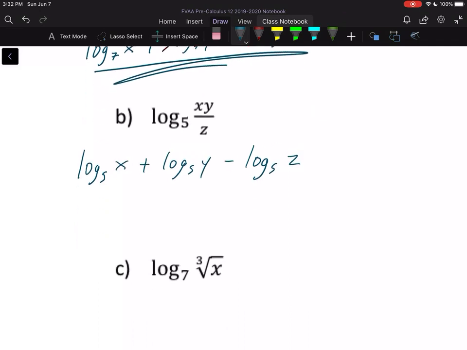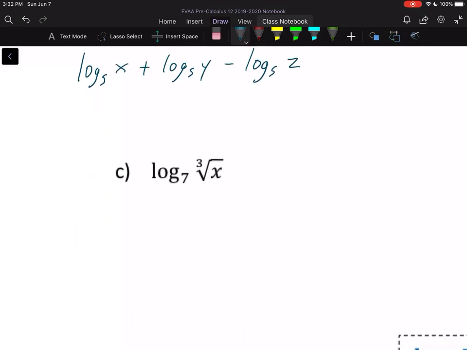Okay. And then last one here, again, I understand that this is log base 7 x to the 1/3, right? Putting a root as a rational exponent. Okay, and then from there, I'm going to move the exponent in my logarithmic function as a quotient in my logarithmic function.